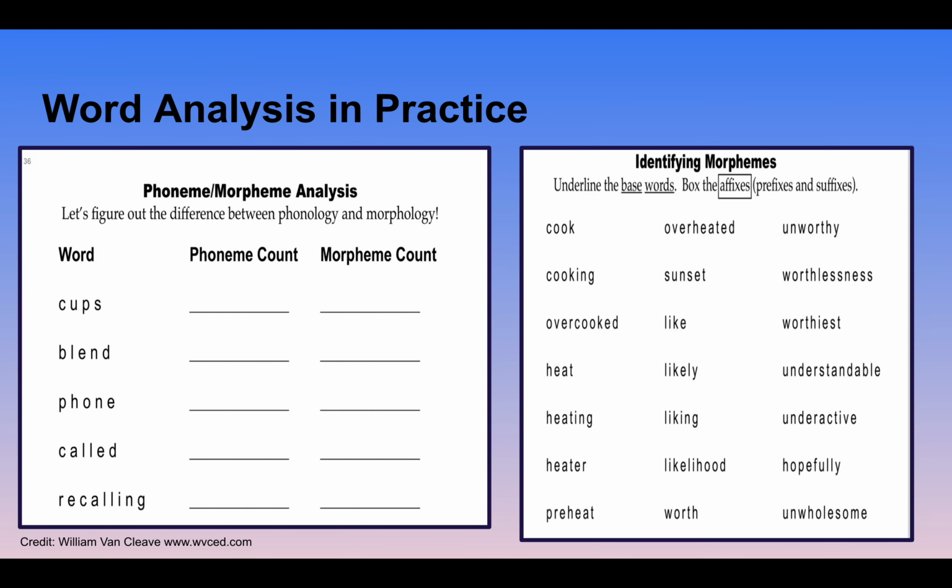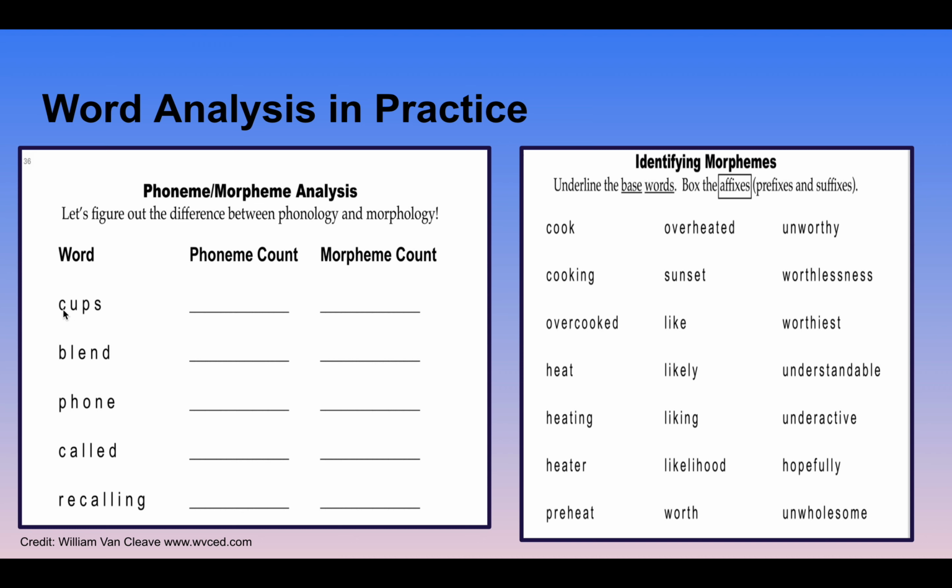Here are a couple of examples of instructional activities you can use to help students learn how to identify morphemes. So over here, you are having students work on identifying and distinguishing between phonemes, the sounds in words, and morphemes. So you are counting sounds in the words, and then over here you're counting morphemes.